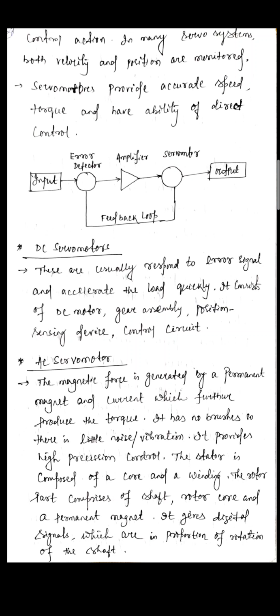It provides high precision control. The stator is composed of a core and it has a winding. The rotor part comprises a shaft, the rotor core and a permanent magnet. It gives digital signals which are in proportion to the rotation of the shaft.